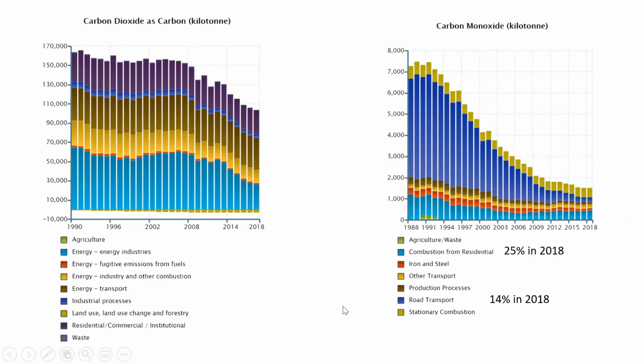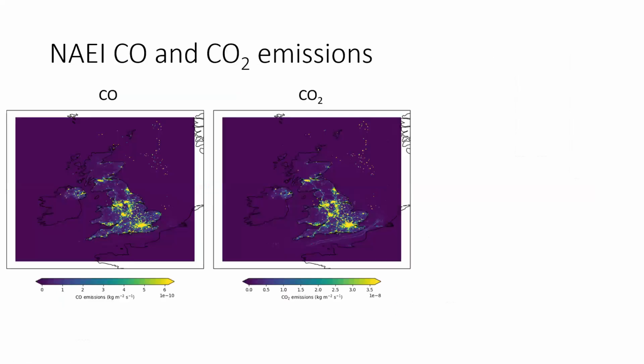But improvements in transport emissions regulations have significantly reduced CO emissions from cars and so on. There's enough overlap between the sectors that this is why we see this strong relationship in the atmospheric data between them.